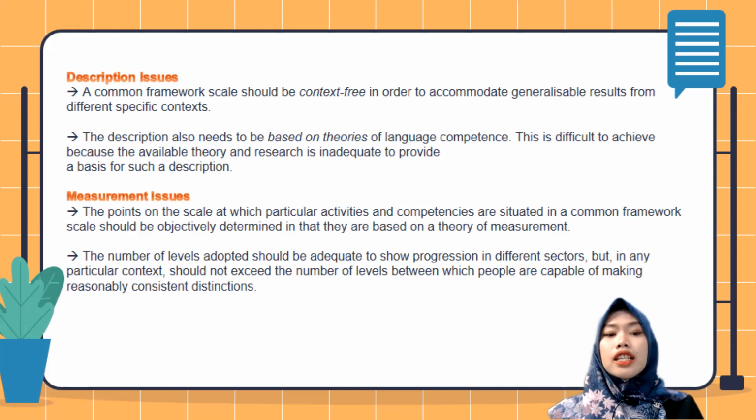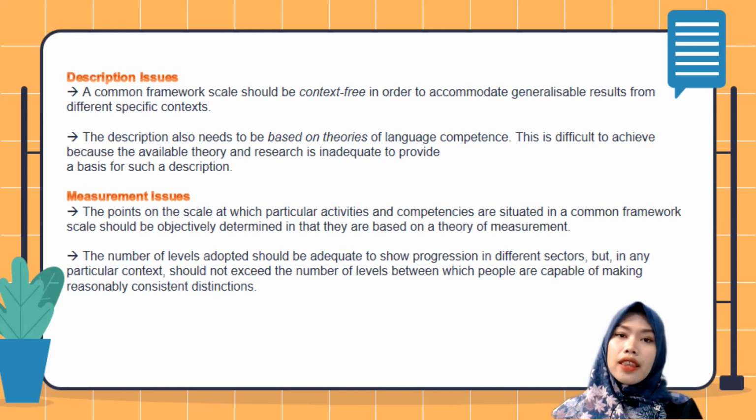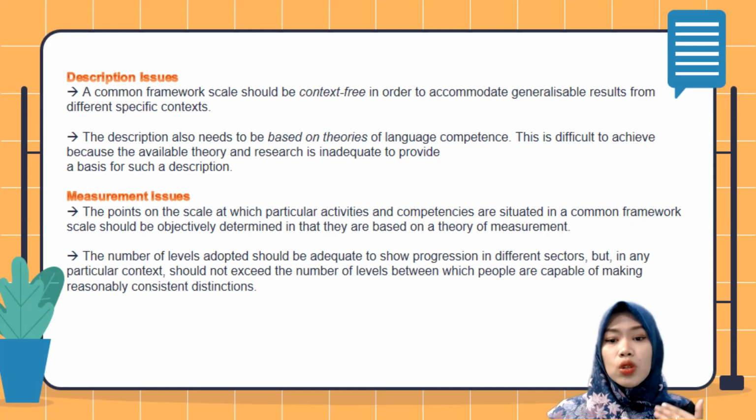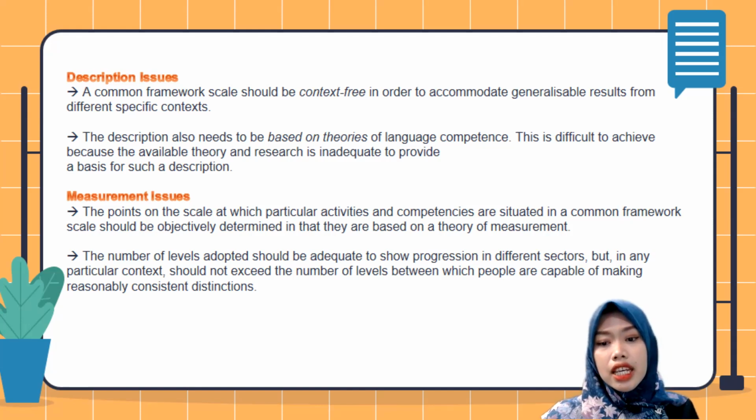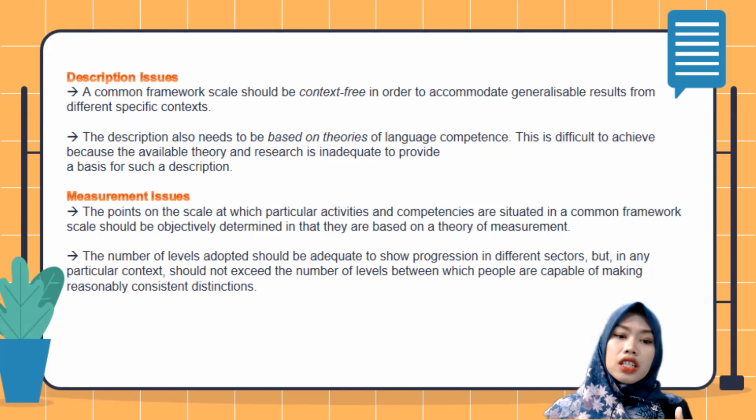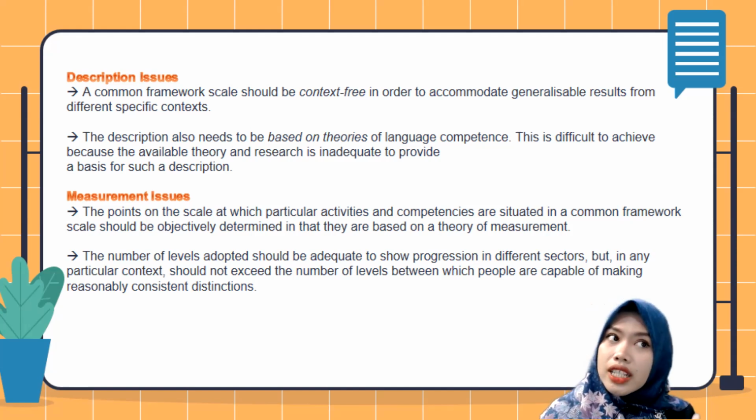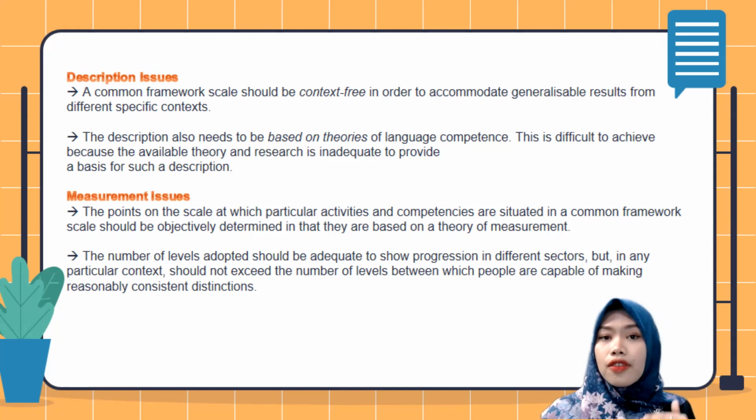There are 2. The points on the scale at which particular activities and competencies are situated in a common framework should be objectively determined, in that they are based on a theory of measurement.